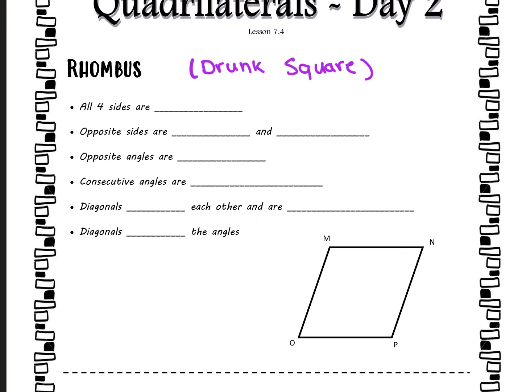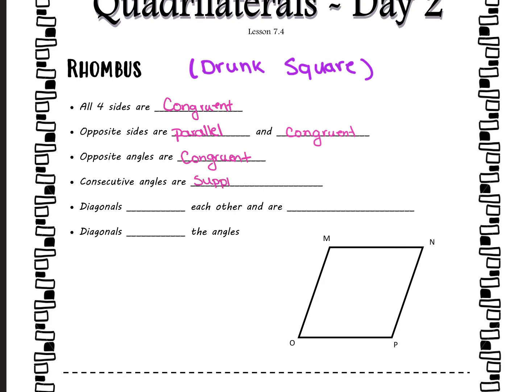So all 4 sides are going to be congruent on a rhombus. And then we're also going to have the opposite sides that are parallel. That's still the same. And they're also going to be congruent. Opposite angles are also going to be congruent, and therefore consecutive angles are going to be supplementary.